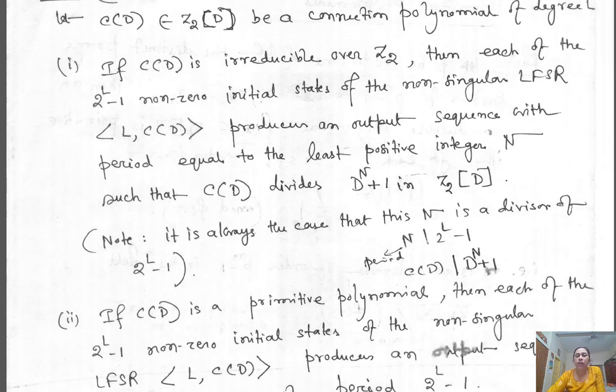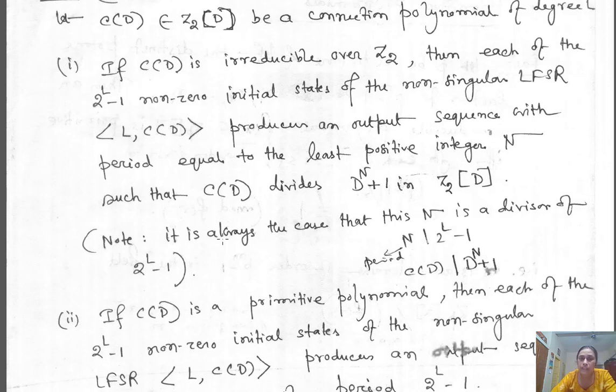Okay, so if it is irreducible and its period is n, then n is essentially determined in this way. This is the least positive integer such that C(D) is a divisor of D to the power n plus 1.